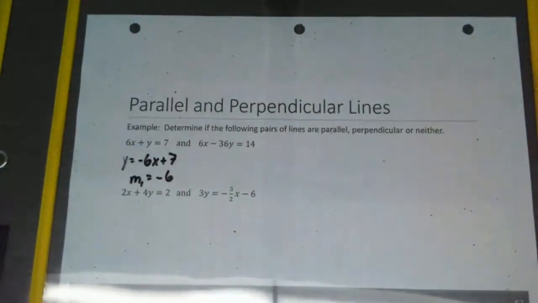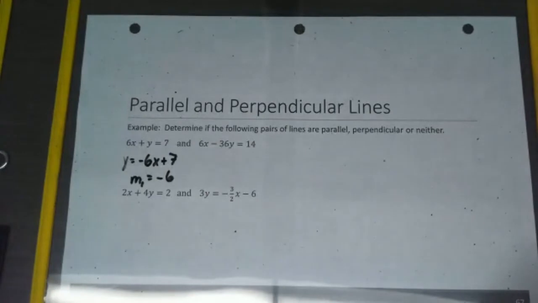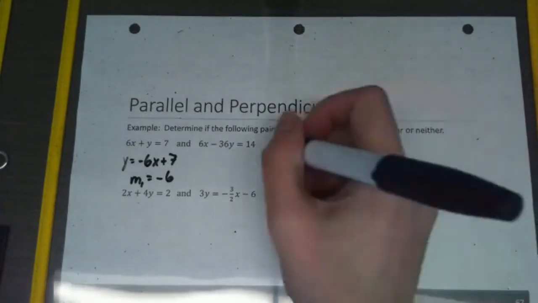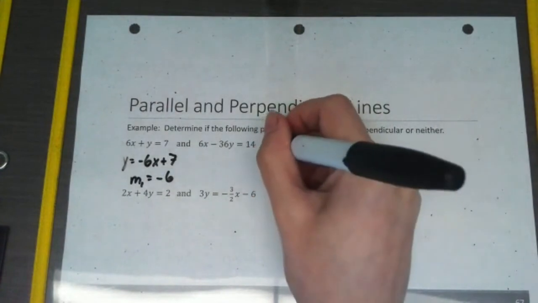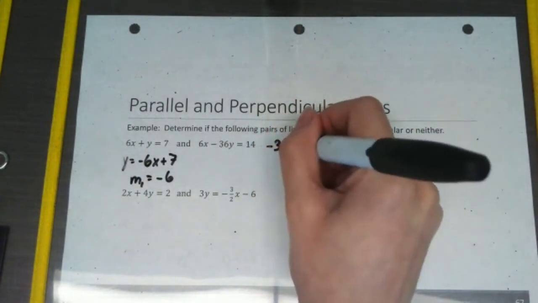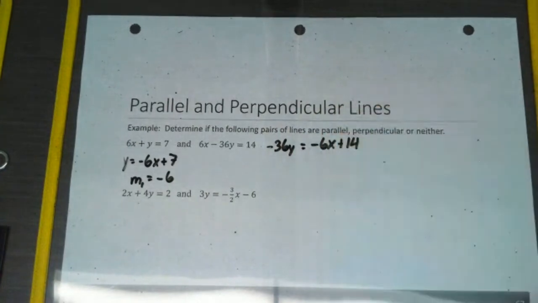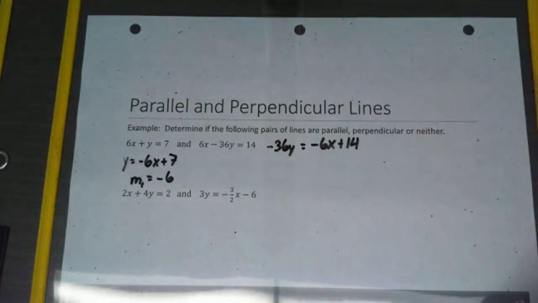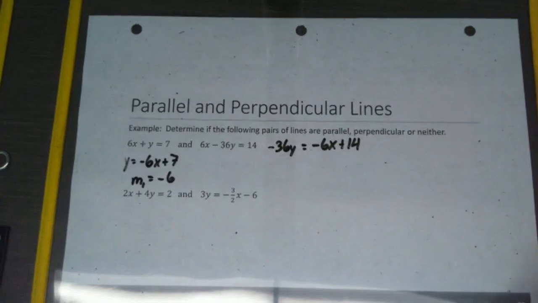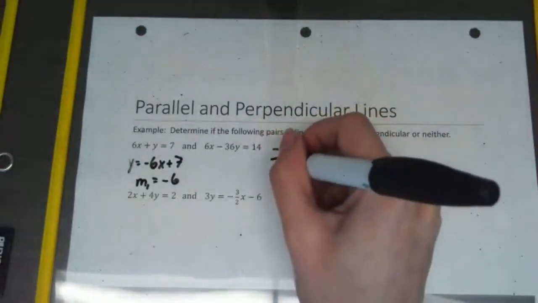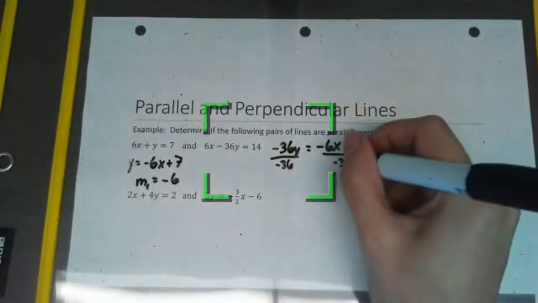On this next one, we have x minus 36y equals 14. I want to get the y by itself, so I'll subtract x from both sides, and we will have -36y equals -x plus 14. Then I need to divide both sides by -36 to get the y by itself.